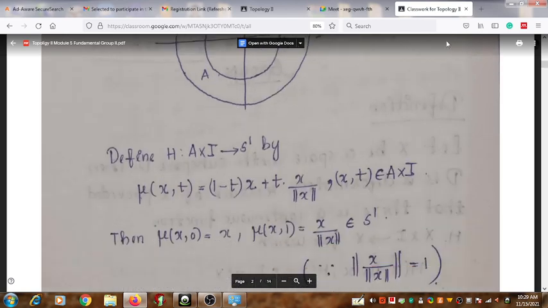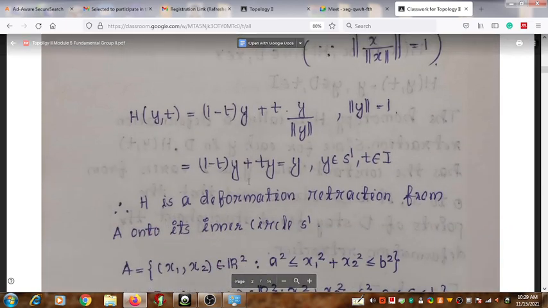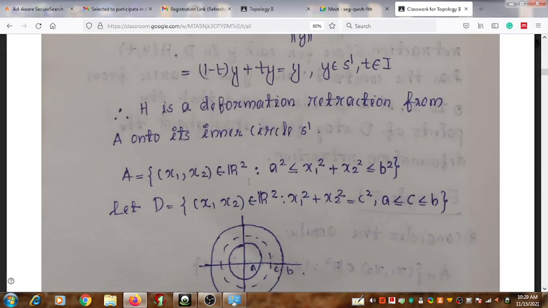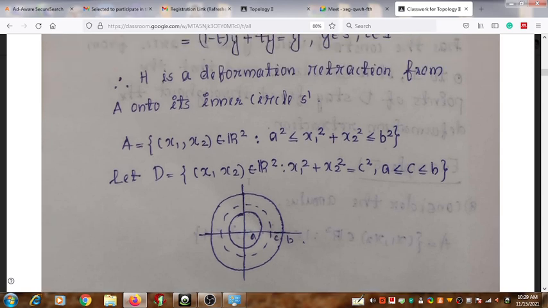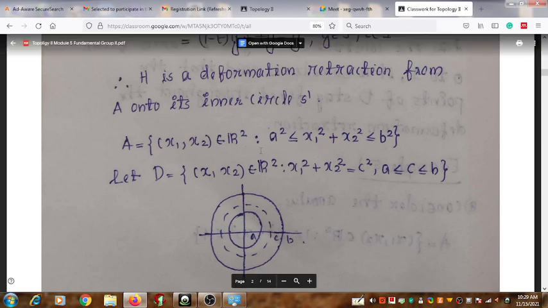But we can very easily extend it to a very general situation, and that general situation is explained here. What is that general situation?